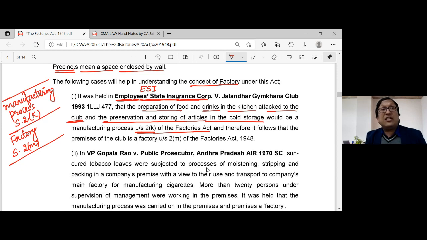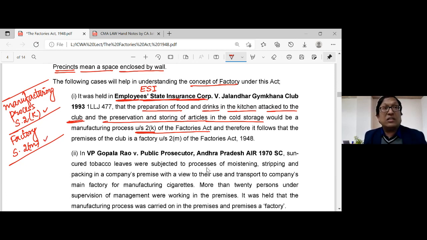You simply need to learn the crux of these acts, what these laws want, what the main provisions of these laws are, and you need to learn a few definitions. Basically go through many definitions, but you need to learn sections of very few definitions.